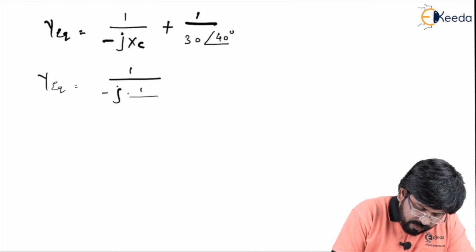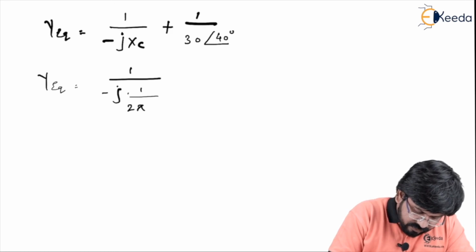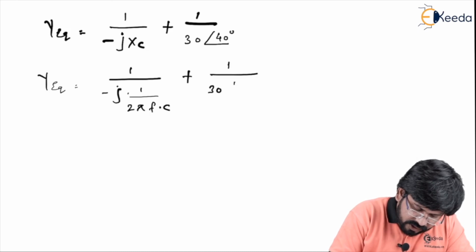XC is nothing but 1 upon omega C, where omega is 2 pi F, so it is 1 upon minus J times 1 upon 2 pi F C, plus 1 upon 30 at an angle of 40 degrees.